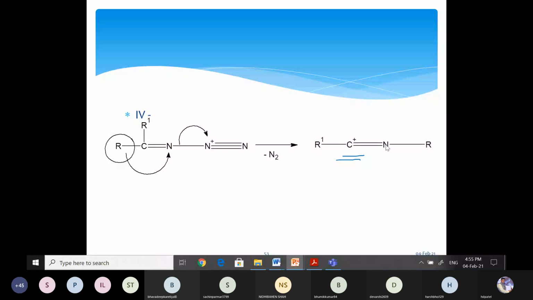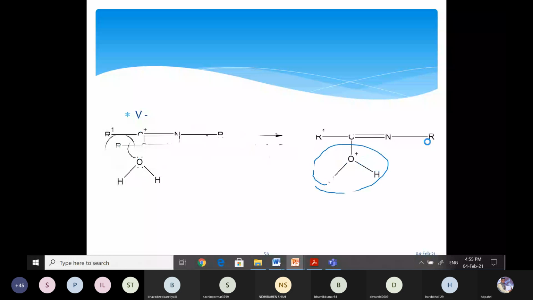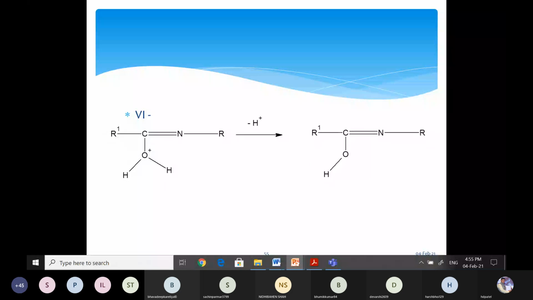As we know, water is available in the reaction, so water will react with this, and as a result, first of all we will get R1 C OH2 plus double bond NR. From this compound, first deprotonation will take place, and after that rearrangement of the electron will take place.